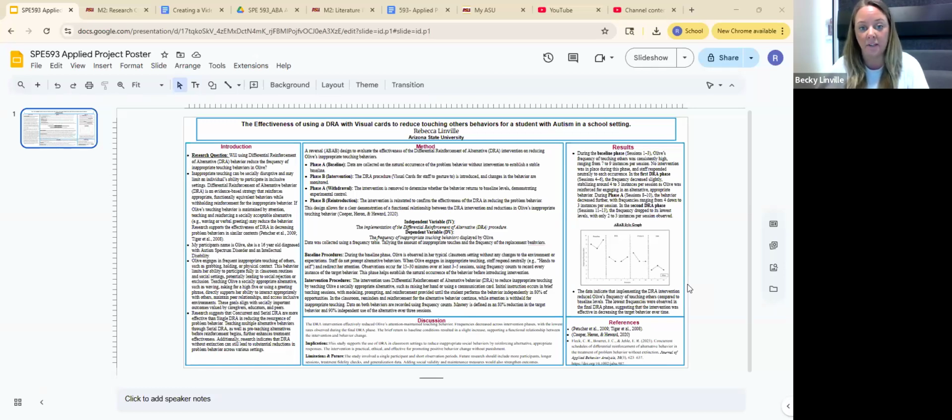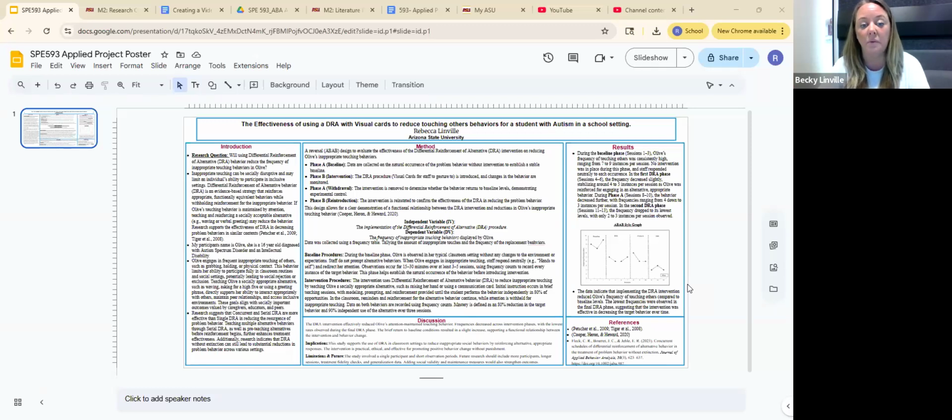So we started out with the baseline. It occurred in the natural setting, with problem behaviors without intervention, to establish that. I moved into the DRA, which was visual cards, or for staff to gesture to. I would have cards on her desk that staff could point to for her to raise her hand or tap them for attention.